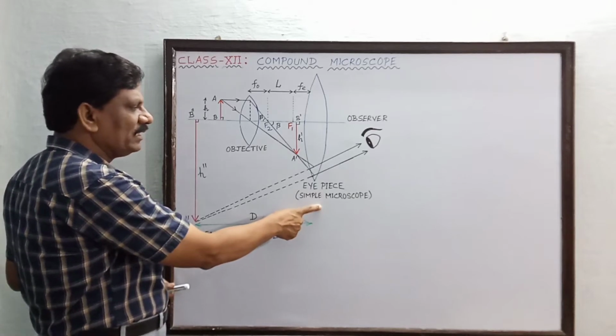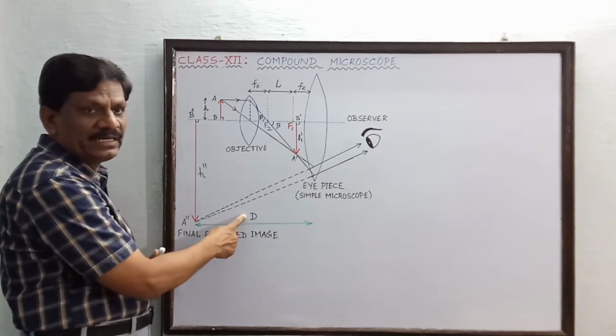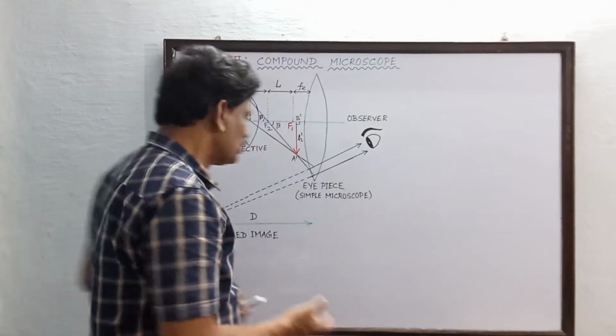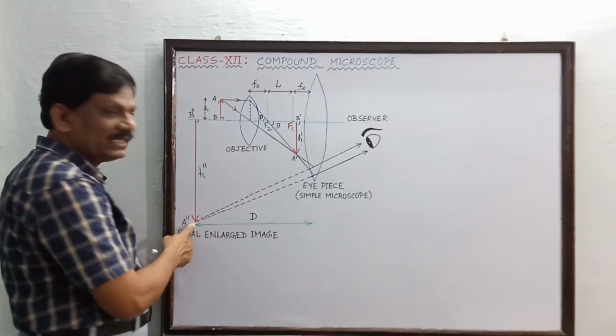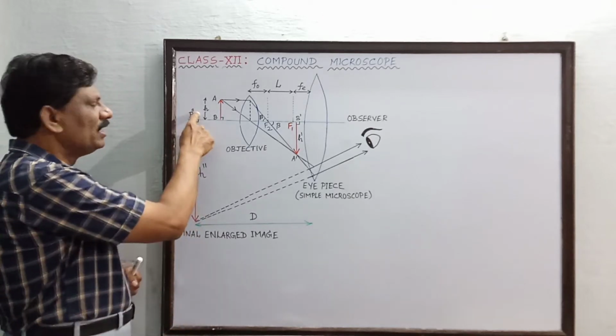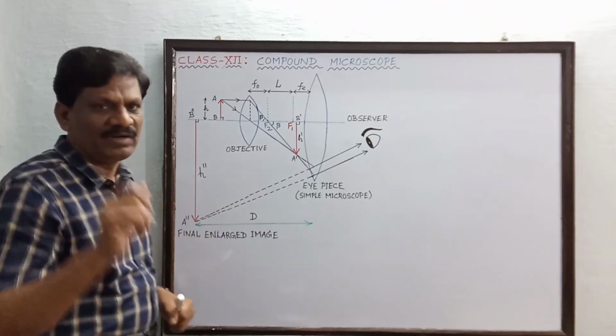So the final image will be formed at the least distance of distinct vision. Understand? So D is the distance of distinct vision at which the finally enlarged image, namely A double dash B double dash of height h double dash, is being formed.